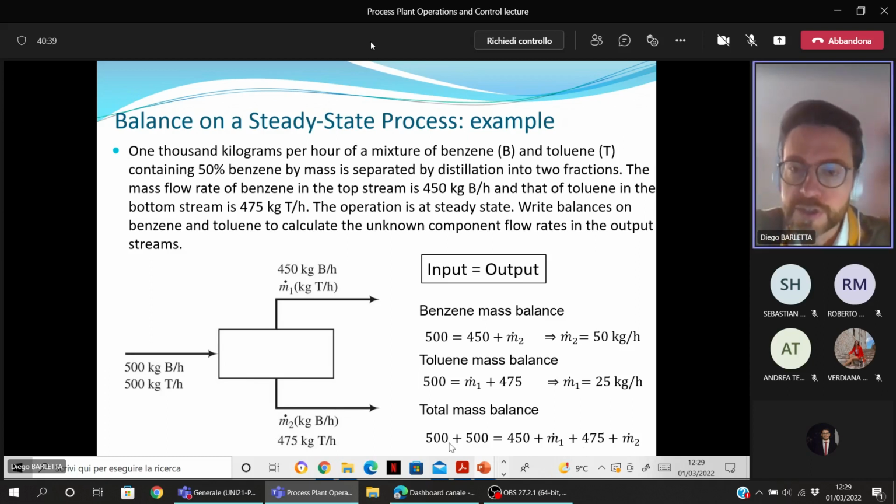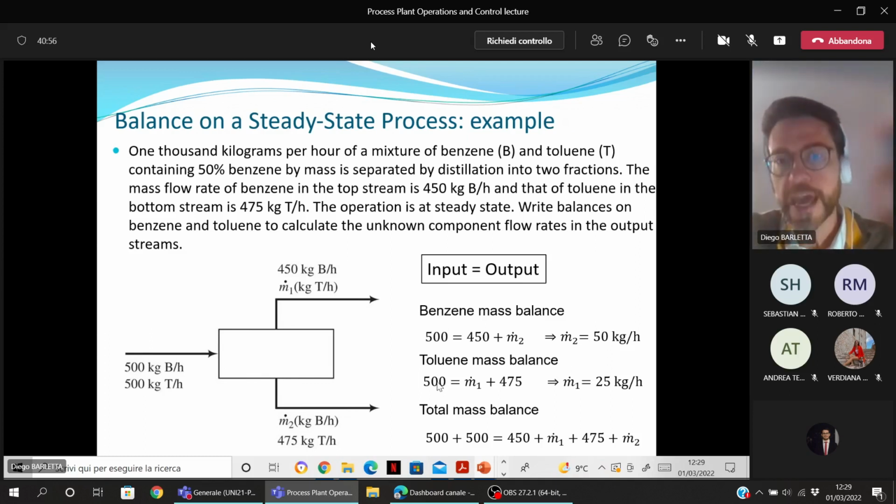Clearly, this third equation is given by the sum of the previous two equations. Of course, we have to sum all the terms that are at the left-hand side, and all the terms that are at the right-hand side.